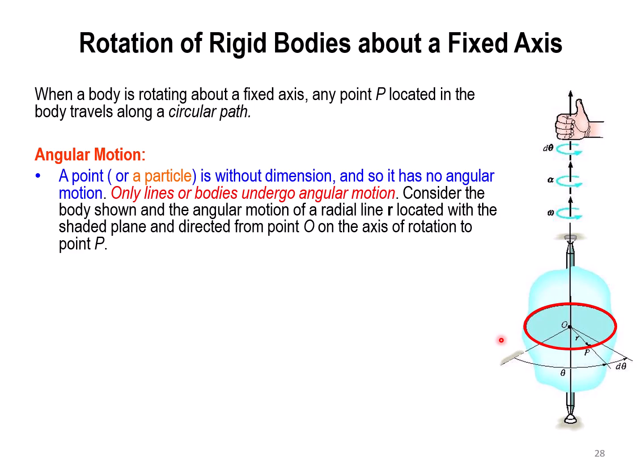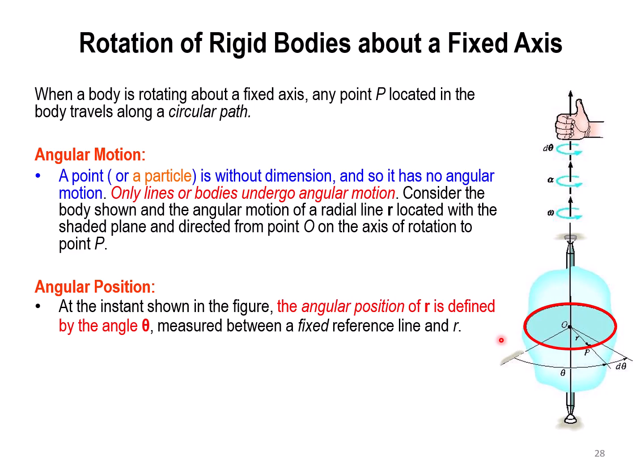Consider the body shown, where the angular motion of the radial line R is located within the shaded plane and directed from the point O on the axis of rotation to the point P. The angular position of R at the instant shown is defined by the angle theta.